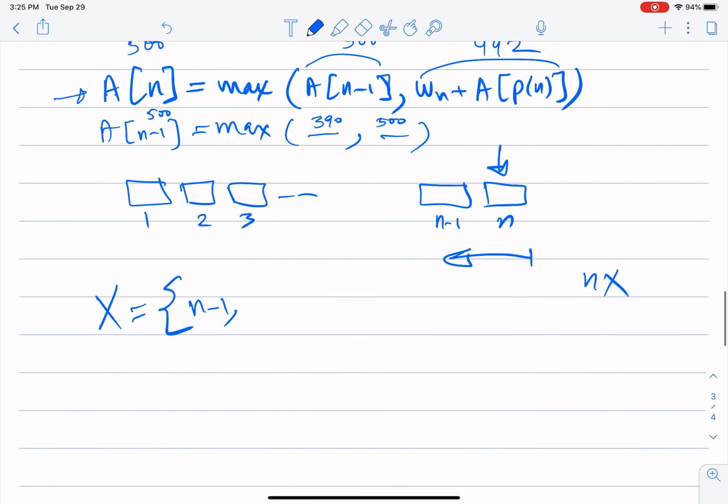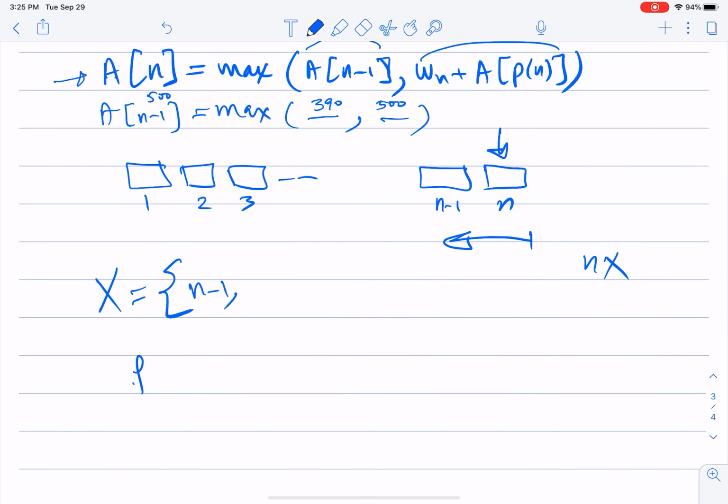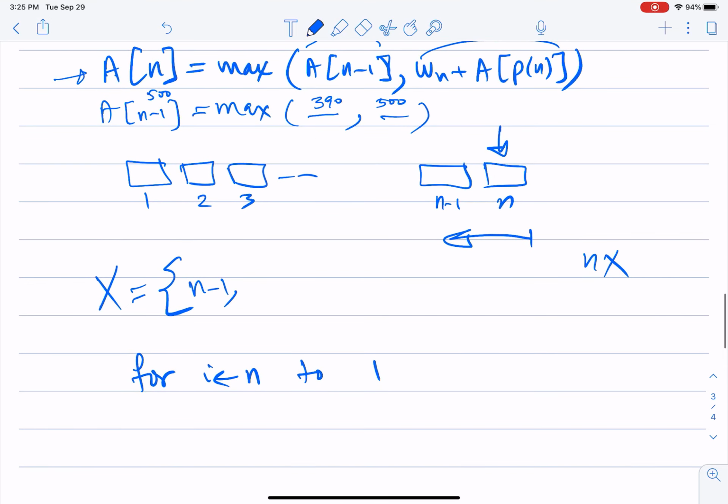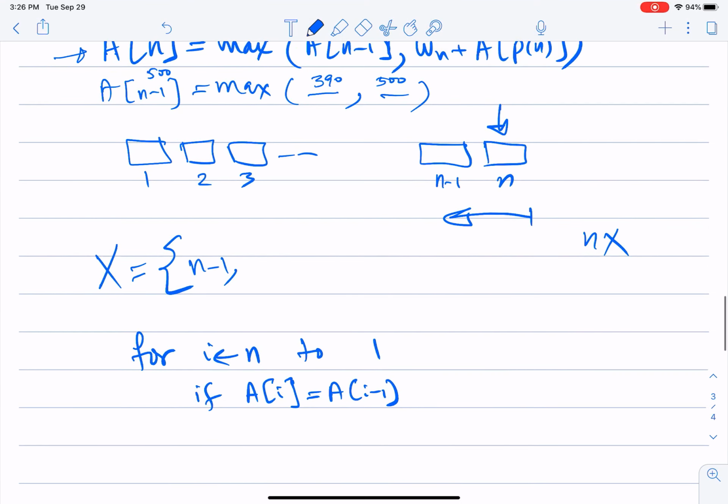If I want to write it, I can basically say for i equals n to 1. So I'm going all the way from the back of the array to the beginning. I go from n to 1. If A of i equals A of i minus 1, okay, it basically means the max for A of i came from A of i minus 1, then we don't add i to the solution.